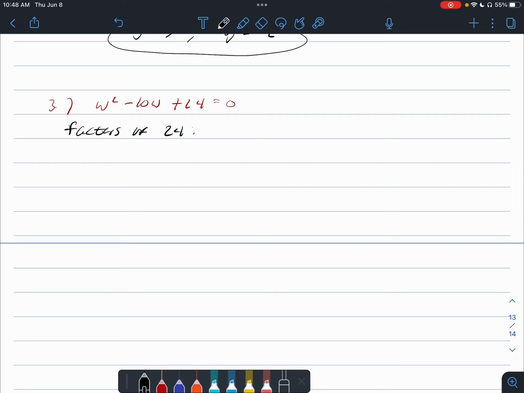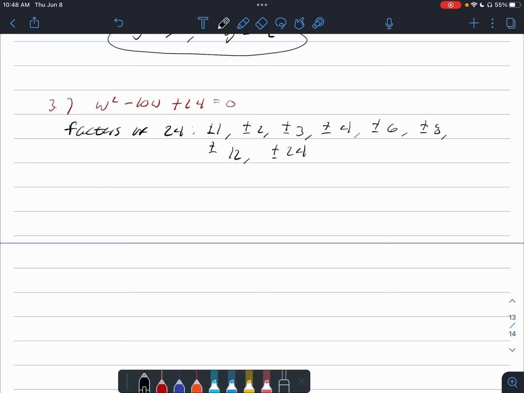Factors of 24, we'll get plus or minus 1, plus or minus 2, plus or minus 3, plus or minus 4, plus or minus 6, plus or minus 8, plus or minus 12, and plus or minus 24 itself, right? Okay, so there we go. So these should be all the factors of 24.